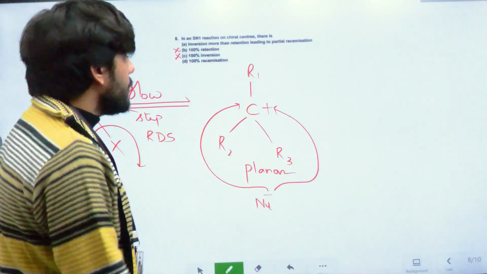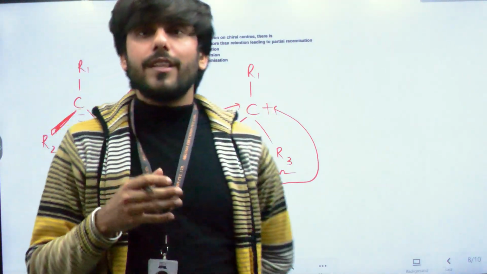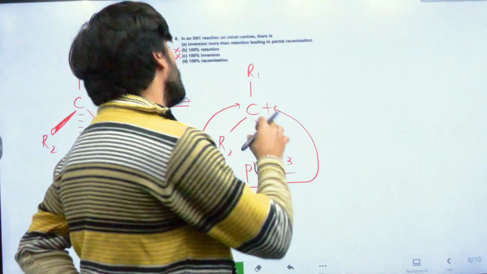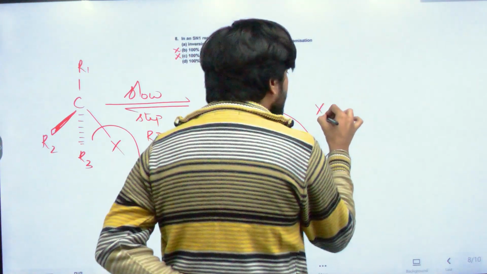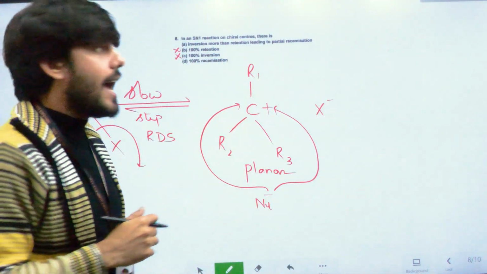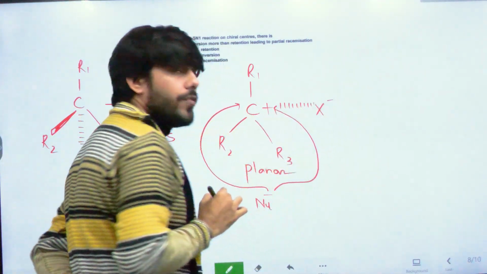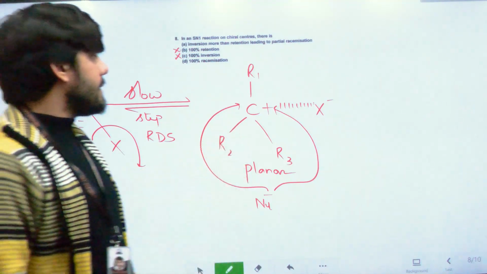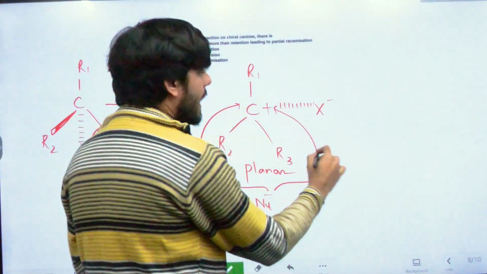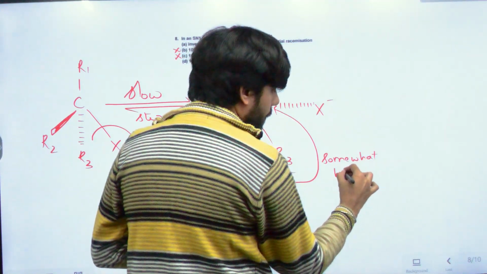But you know what happens? In the solution, because I know that this reaction is favored in the presence of a polar protic solvent, the X that leaves is in the vicinity of this carbocation, and they are bound by electrostatic forces of attraction. So basically, the front side attack is somewhat hindered.